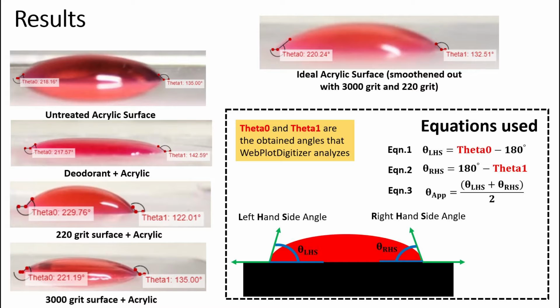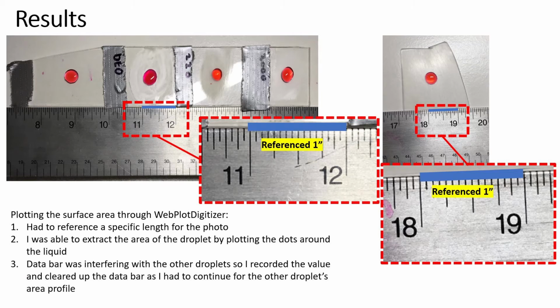I use equations 1 and 2 to ensure I have the right apparent contact angles for the left hand side and the right hand side. Then using those 2 values, I averaged it out to get the averaged apparent contact angle for that droplet itself.